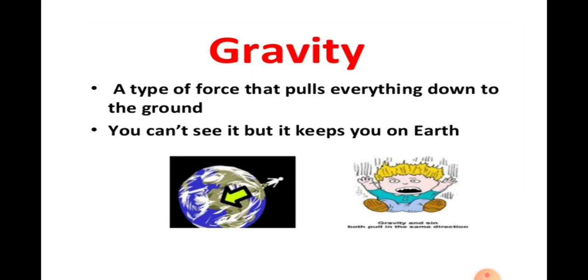For example, when a fruit falls from a tree, it is the force of gravity only which brings the fruit down to the earth. Similarly, when a diver dives into a swimming pool, it is the force of gravity only which brings him down. So, the force of gravity acts on all objects, and it causes all objects to fall towards the earth.